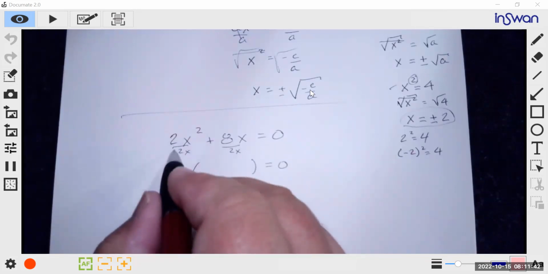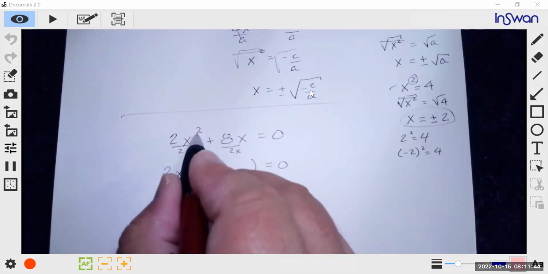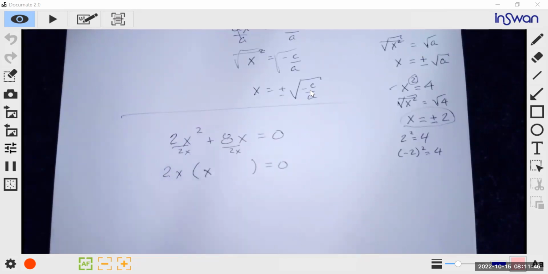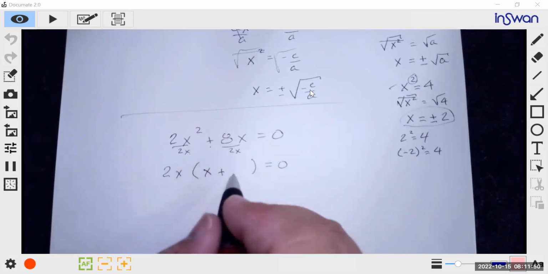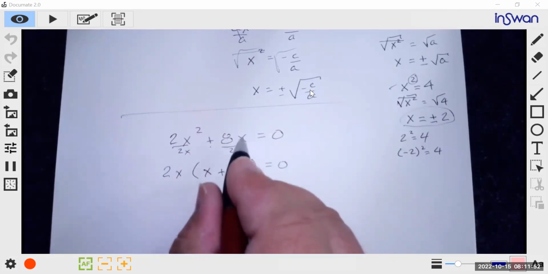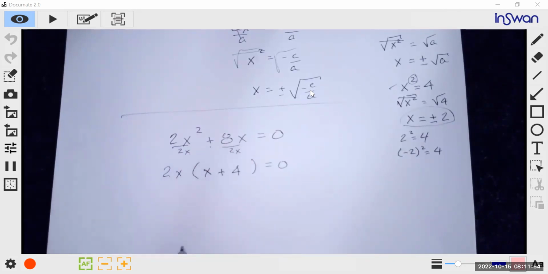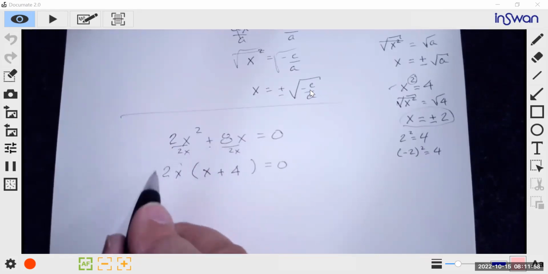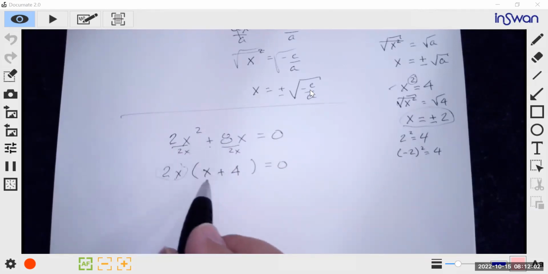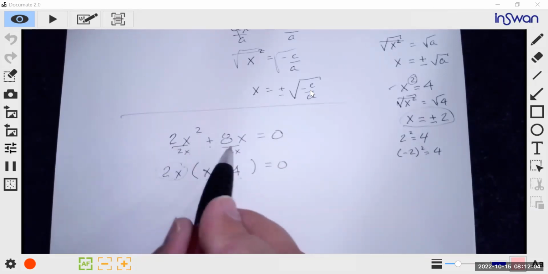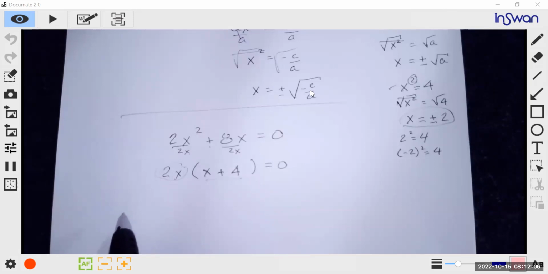So the 2's cancel, and one of the x's is gone. The plus sign. 8 divided by 2 is 4, and the x's cancel. So there's my factored form. Whenever you take out a common factor, to see what goes inside, just divide both terms by what you factored out.